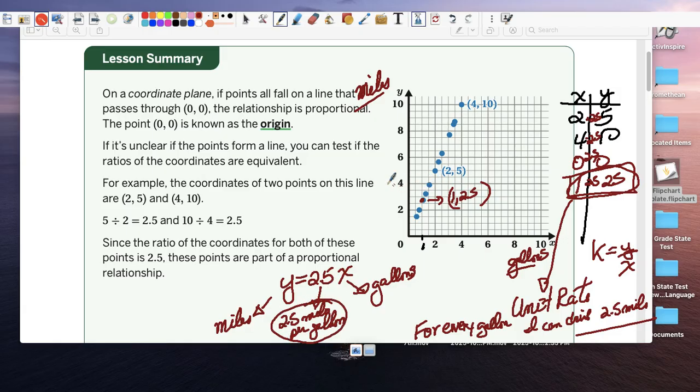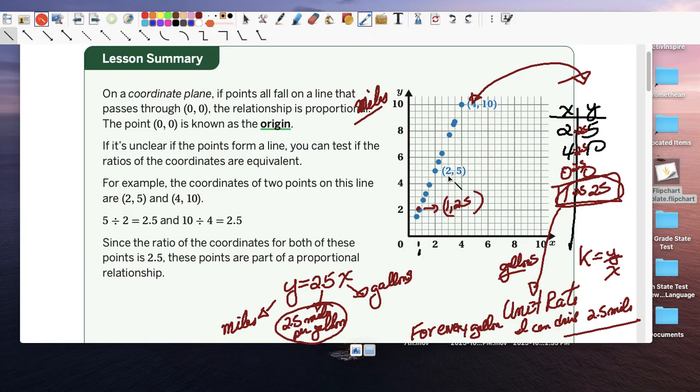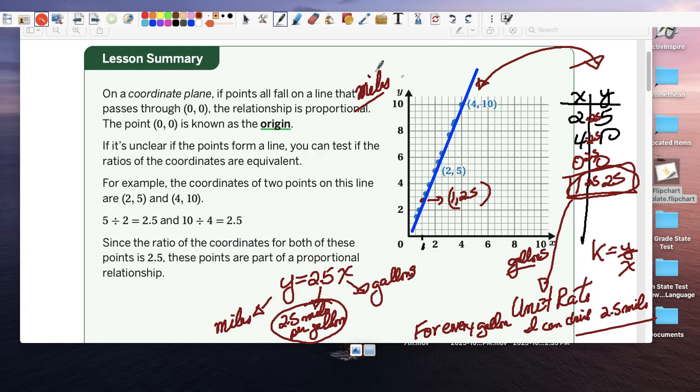Okay, so this one I went backwards, but I want to show you that these points can go back and forth. You can put table values or you can represent them in the graph. So what's the characteristic in the graph of a proportional table? Well, if the table was proportional and you transferred those ordered pairs into a graph, you will notice that every proportional table will have a line.